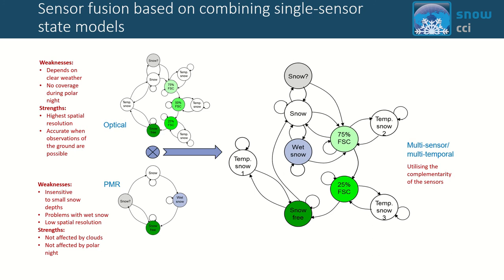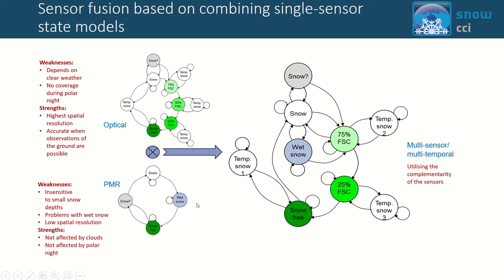For fusion, we have developed 2 models, one for optical and one for passive microradiometer data, and combine them into one fusion model having 4 states, simulating snow cover from full snow cover to snow-free ground, and some additional states as well.